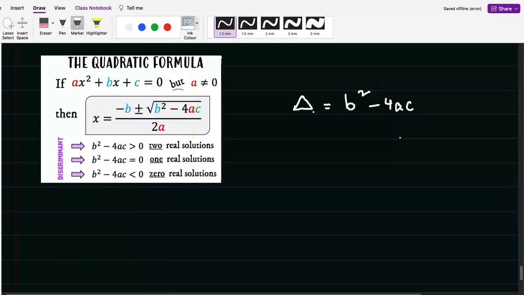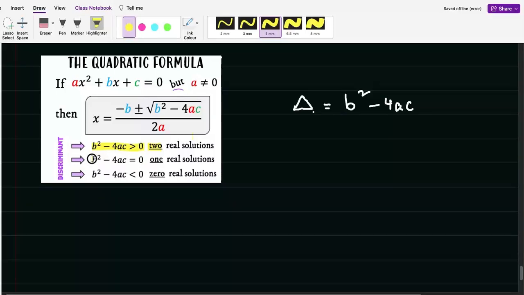Okay, the nature of roots. For example, if you get the discriminant b square minus 4ac as greater than 0, then it means the roots are two distinct real solutions. Two distinct means two different numbers will come in solutions.